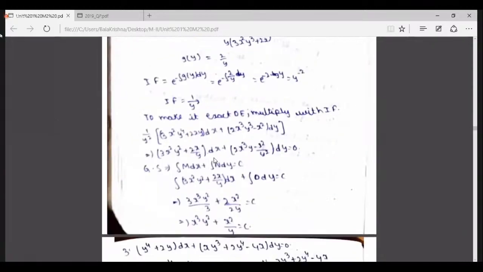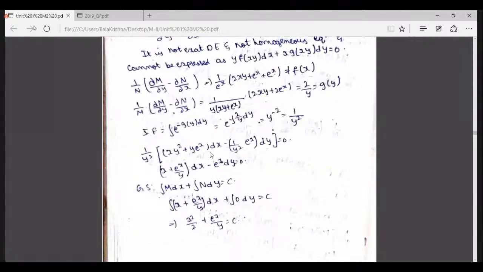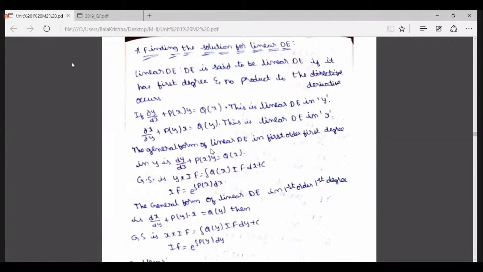Is this clear? These are the methods which you need to follow. Once again I'm reminding you, we cannot directly go for any method. You need to check one by one from the given question whether it is exact. If so, directly write the solution. If it is non-exact, then check whether the degrees of the terms are the same or not, the homogeneous case.